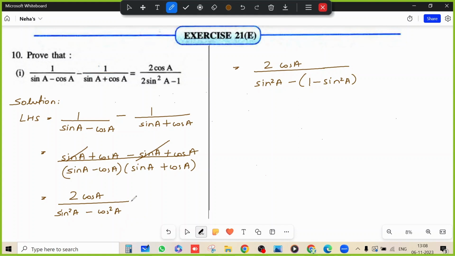Therefore, cos square theta will be equal to 1 minus sine square theta. Now we will add the sine square A in the denominator. So this will become 2 sine square A minus 1, and this is equal to the right hand side, and hence we have proved that the left hand side and the right hand side are equal.